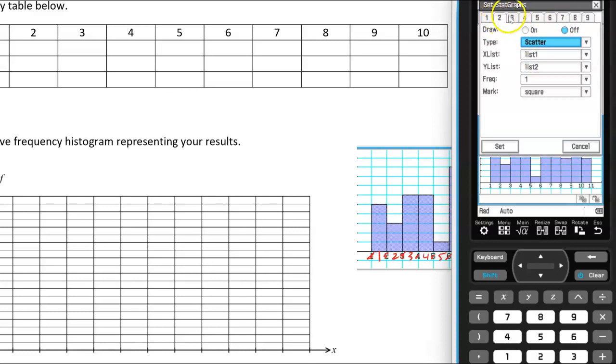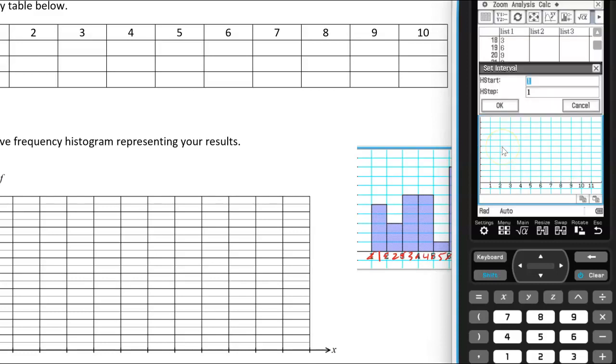So you can potentially draw a whole heap of different graphs, right? But we'll stick with number 1. And you do need to change the type to histogram because by default it is scatter. X list 1, frequency is 1. That's it. And set. And then H start, H step. So start at 1. I just want to try something. If we start at 0.5, what happens?